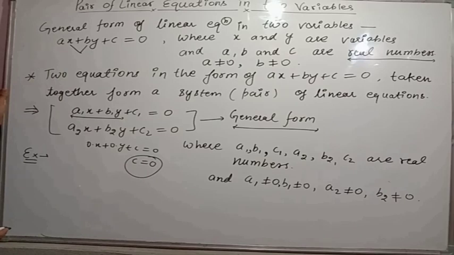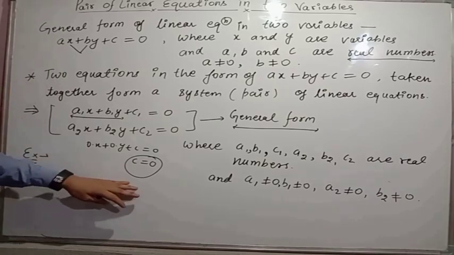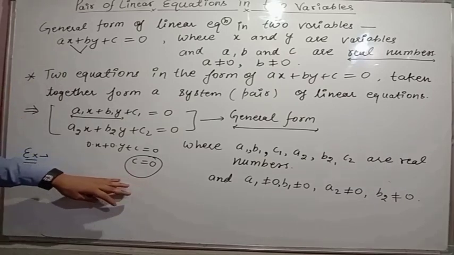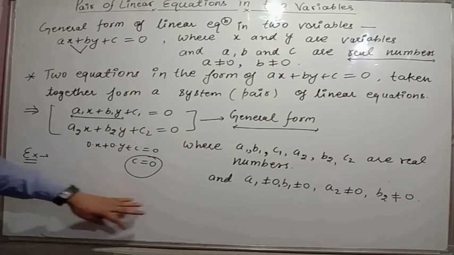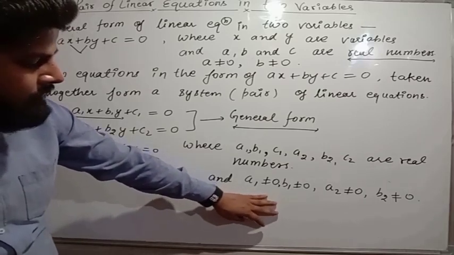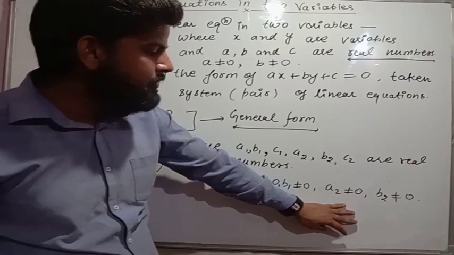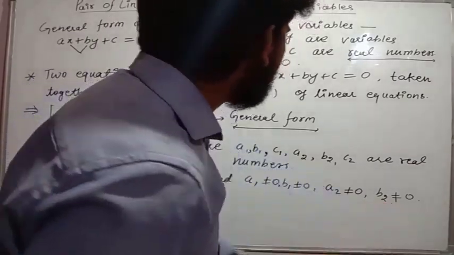Now this equation does not have any variable. Now this is not a linear equation. That's why a1 is not equal to 0, b1 is not equal to 0, a2 is not equal to 0, and b2 is not equal to 0.